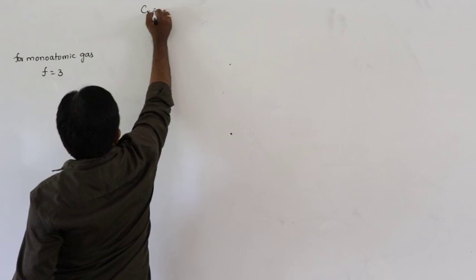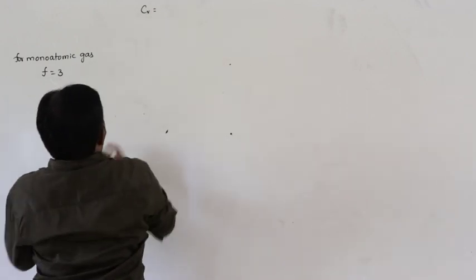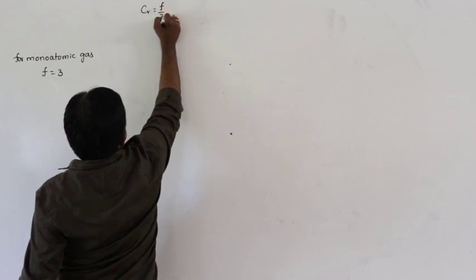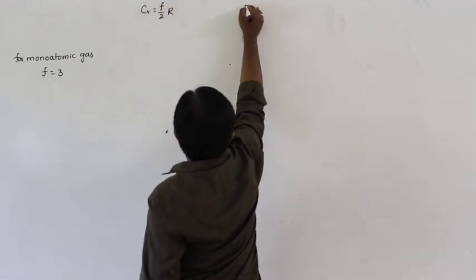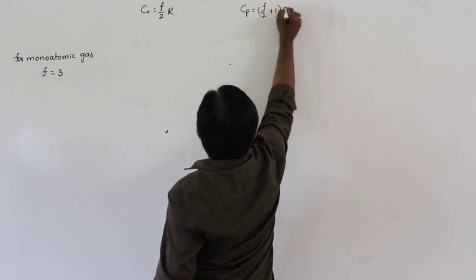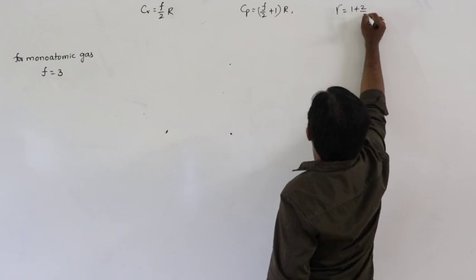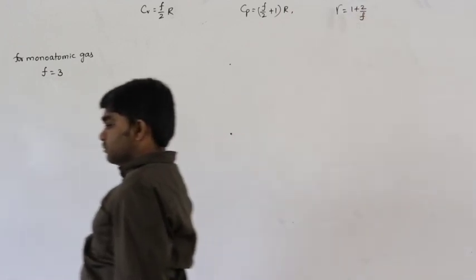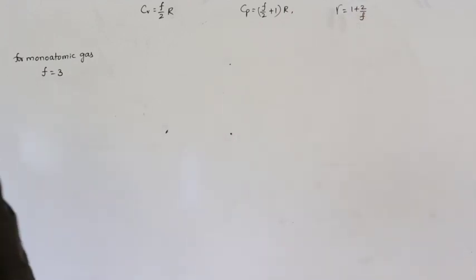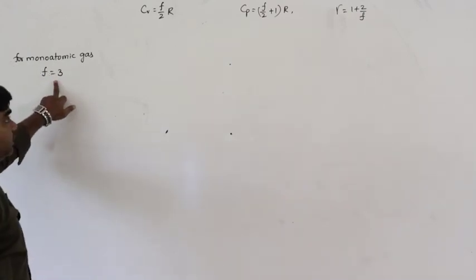Let us say Cv is equal to F by 2 R, and Cp is equal to (F by 2 plus 1) into R, and gamma is equal to 1 plus 2 by F. So, for monoatomic gas, the value of F, number of degrees of freedom, is equal to 3.